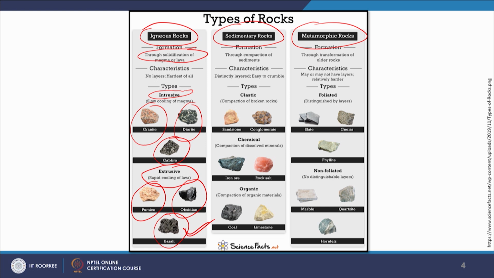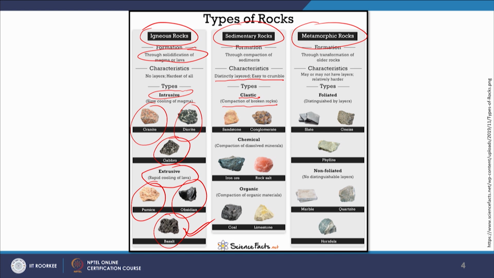Similarly, sedimentary rocks are formed through the compaction of sediments. They will come layer by layer, and the characteristic is distinct layers and being easy to crumble, that means they can break. The clastic ones are the compaction of broken rocks.